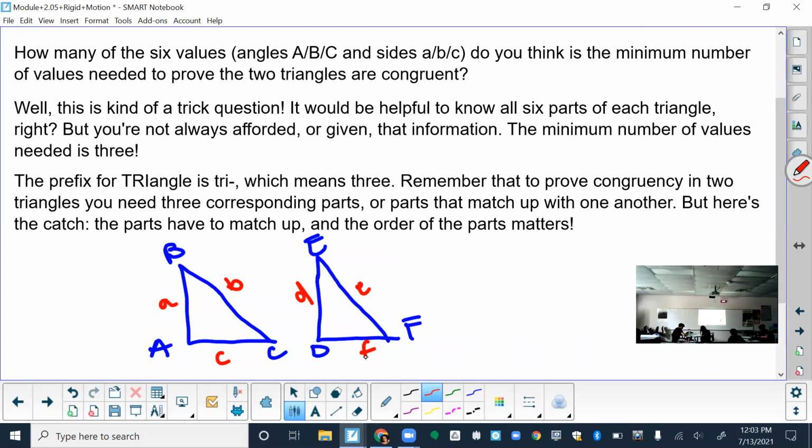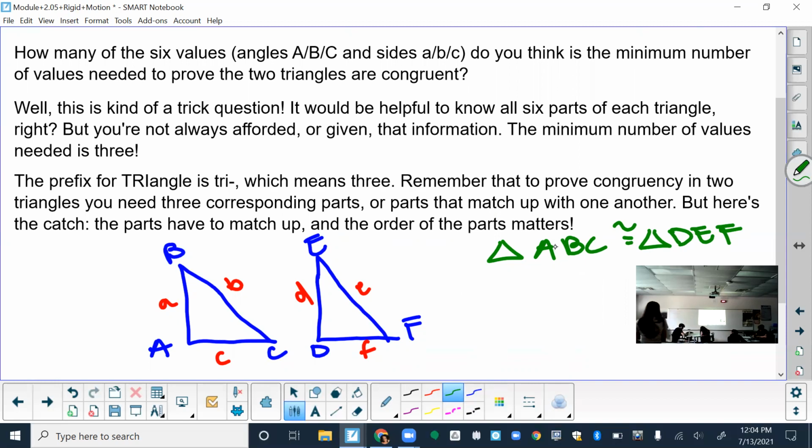And what we are trying to tell you with this slide is that congruent triangles have corresponding parts. Corresponding meaning the same. So triangle ABC over here is congruent to triangle DEF, and order does matter with the way that you're writing these.